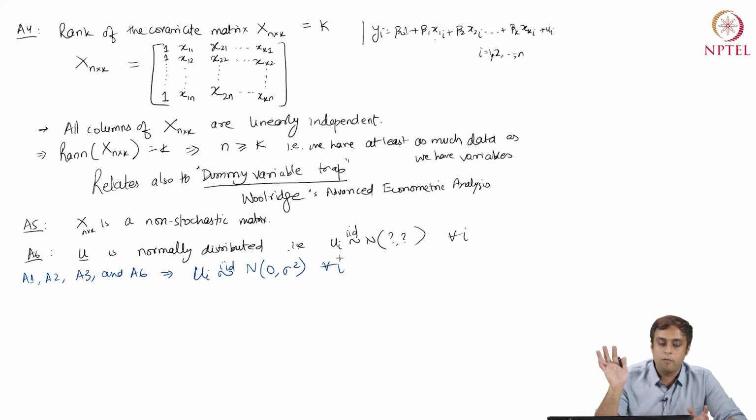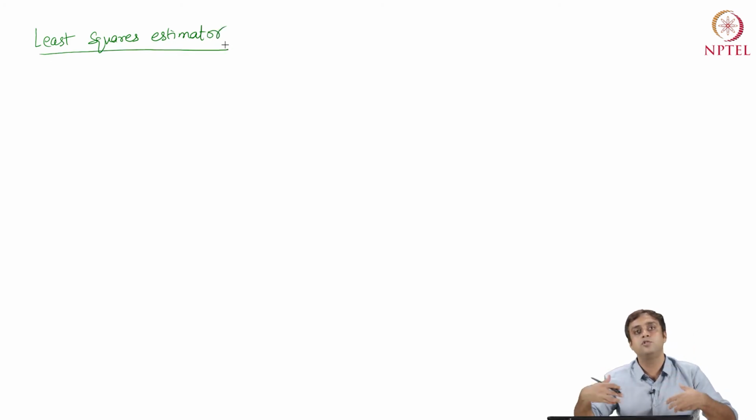Now finally, in this recap, I want to talk about what is called the least squares estimator. I've been saying that ultimately we want to be able to estimate these beta zeros and beta ones and so on.